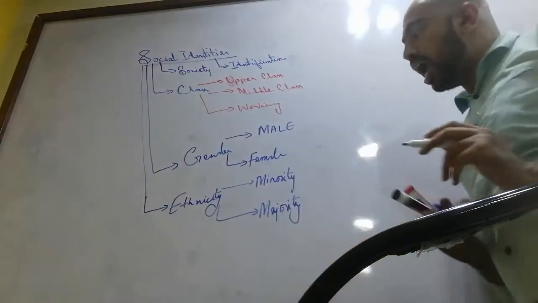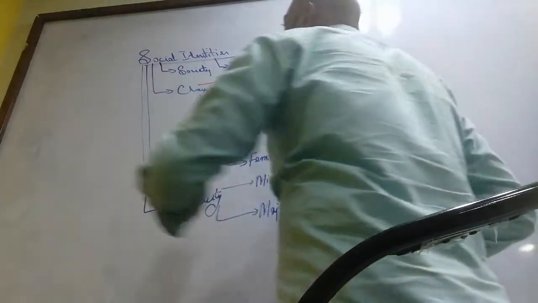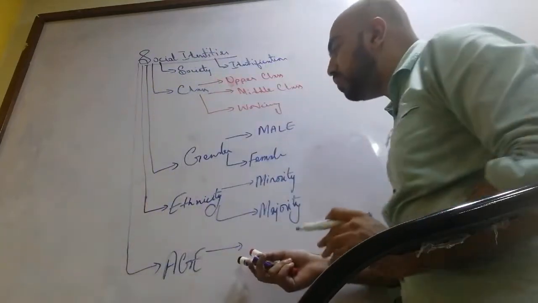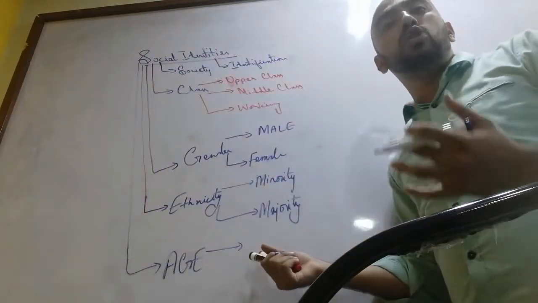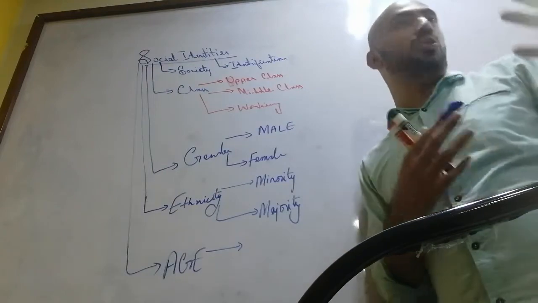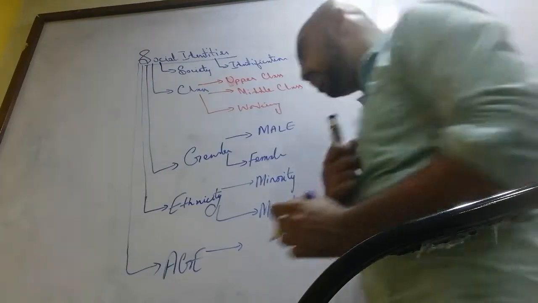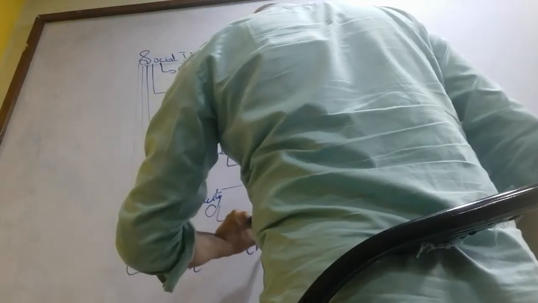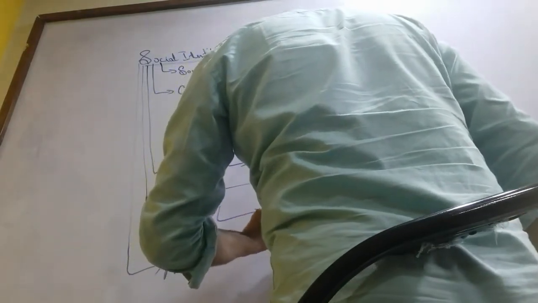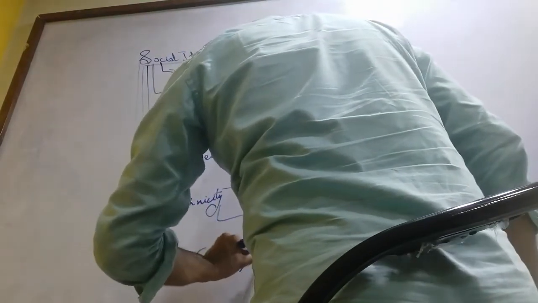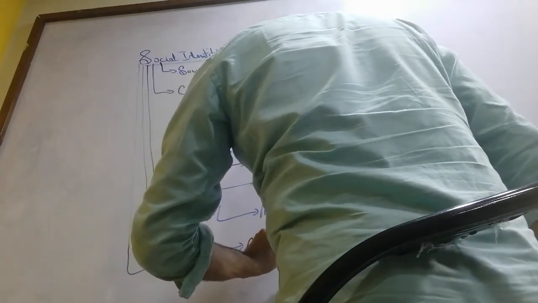Afterwards, we have another element of social identity, which is age. We divide age groups into age cohorts. Cohorts stands for different age groups. Number one is childhood. Number two is young.